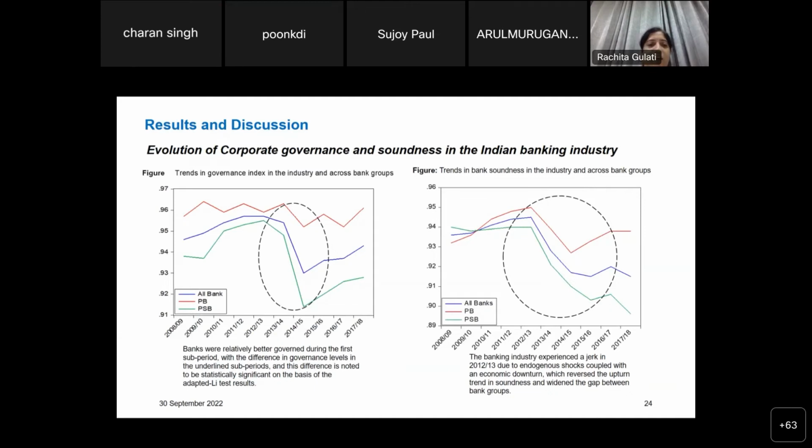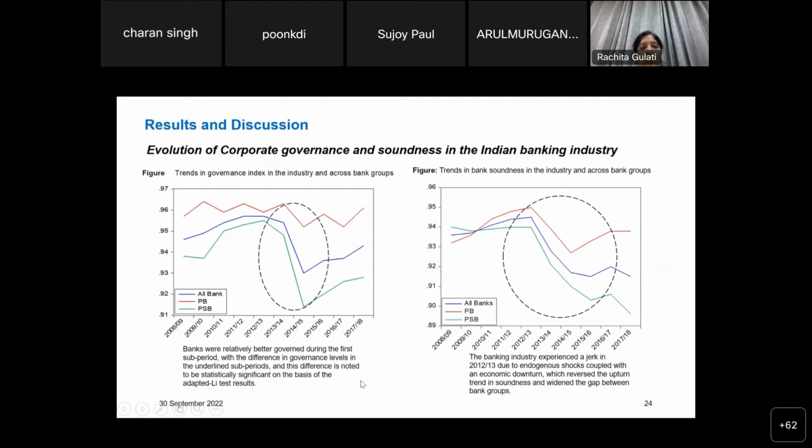In the first diagram, the trends in the governance index in the industry and across the ownership groups is presented. We note that the private banks showed relatively superior performance in terms of adherence to the governance codes, and banks were observed to be relatively better governed in the first sub-period, with the difference in the governance levels in the underlying sub-periods being significant, as tested using the adapted test.